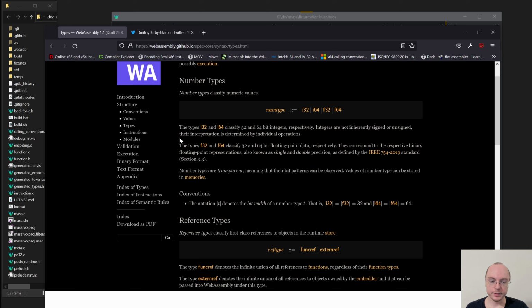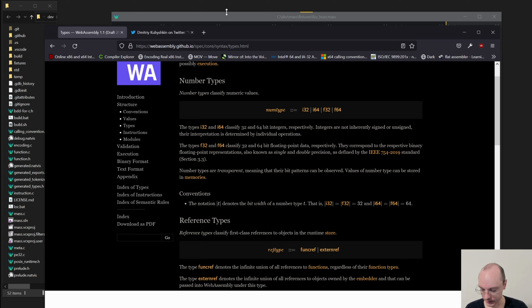And then in the same way as with WebAssembly, they are not signed or unsigned. They're just defined to be, for integers, 2's complement. And then you choose whether to treat them as signed or unsigned by choosing the operation.